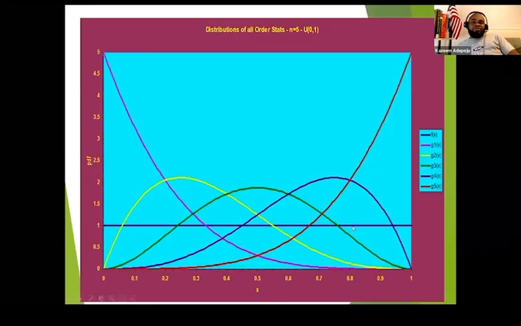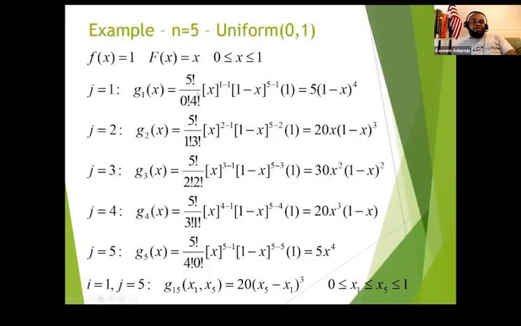What I'm going to show now, based on what we have found, is a plot of the different probability distributions together: the PDF of the unordered variable in this distribution, the distribution of the smallest, the distribution for x2, x3, x4, and the maximum. Take a look at that. You can actually see they are not the same. What I'm plotting right now is f of s equal to that. Take a look at that, and that's exactly what we are trying to show.